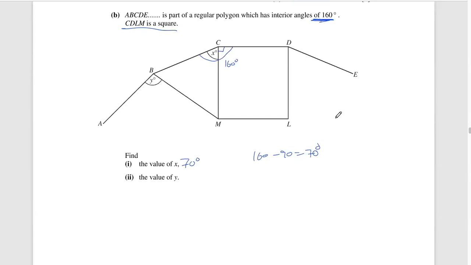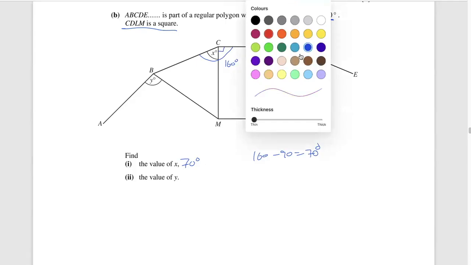What type of triangle is the other one? Like two sides are the same and then one side is different. Two angles are the same and one angle is different. That is called an isosceles triangle. How would you be sure of that?